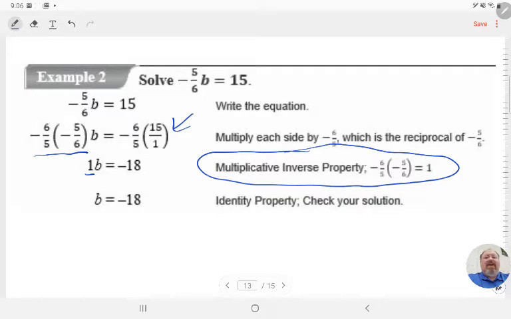So I could either go 6 times 15, 5 times 1, and then divide it, or I could simplify before I start. 5 goes into 5 one time, 5 goes into 15 three times. 6 times 3 would be 18. One's negative, one's positive, so negative 18.